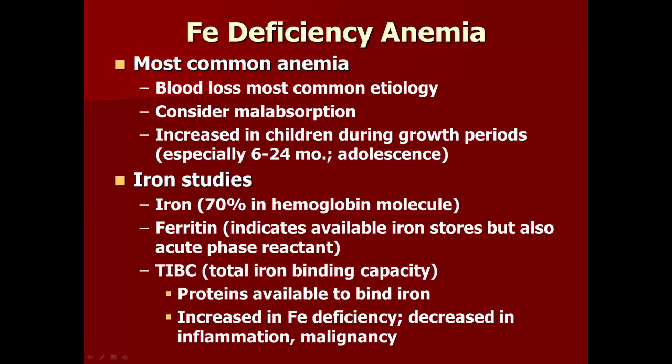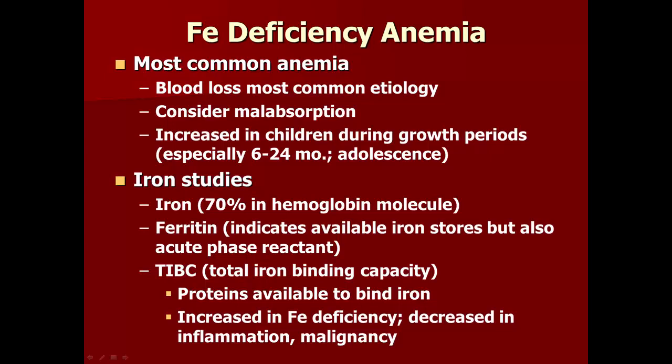One of the other very useful iron studies is the iron binding capacity. The total iron binding capacity tells us whether or not the proteins are available to bind the iron. Now, the iron binding capacity is increased in an iron deficient state. The capacity is increased because, for lack of a better phrase, they have room for more iron on the protein.